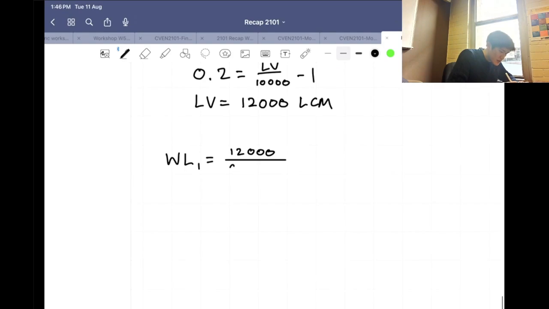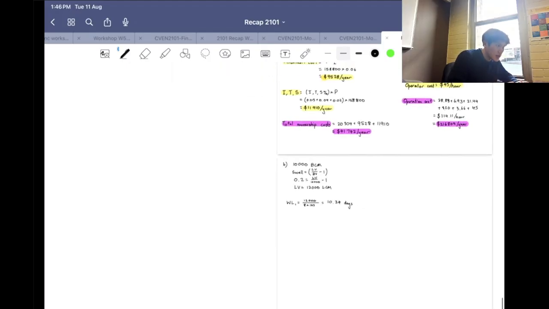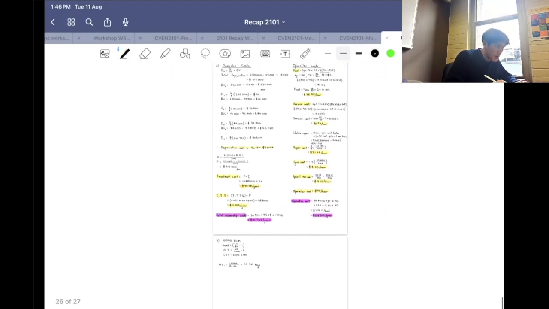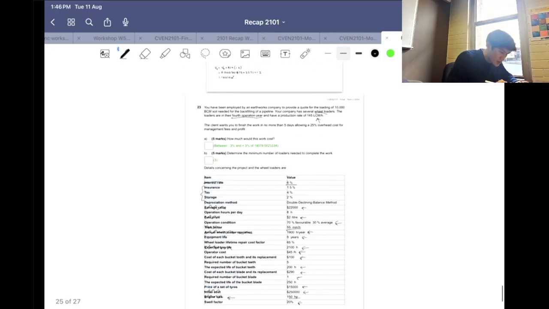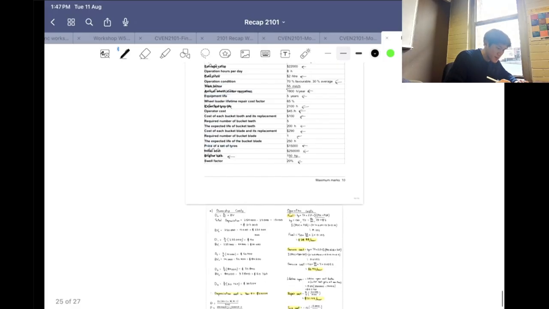So you do 8 hours times 145 LCM per hour, and that should give you 10.34 days. And that is not under the requirement because they want it done in no more than 5 days.